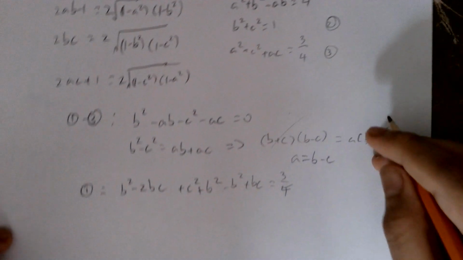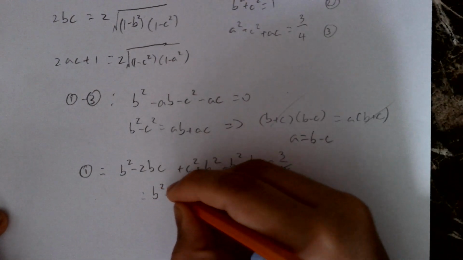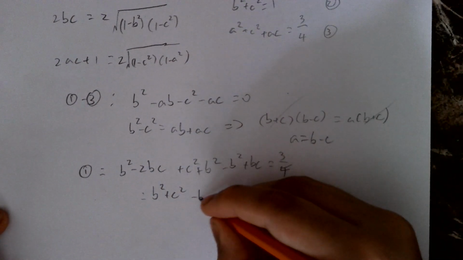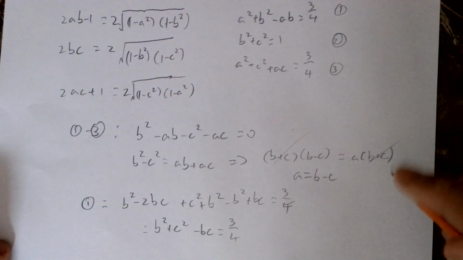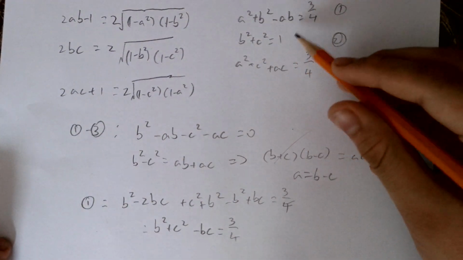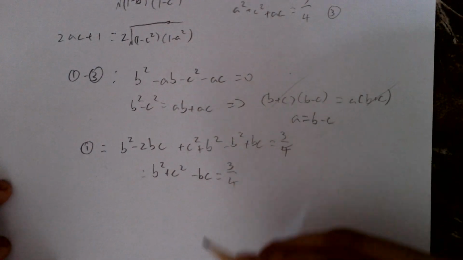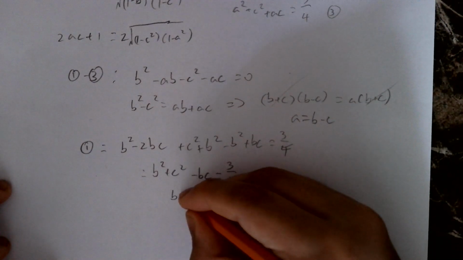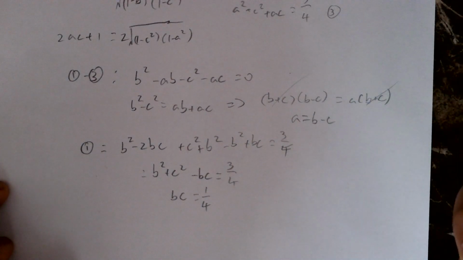Then by simplifying and adding all the like terms, we get b squared plus c squared minus bc equals 3 over 4. Now from the second equation, we see that b squared plus c squared equals 1. So we're going to be substituting equation number 2 into this new equation, and we should get that bc is going to equal 1 over 4.